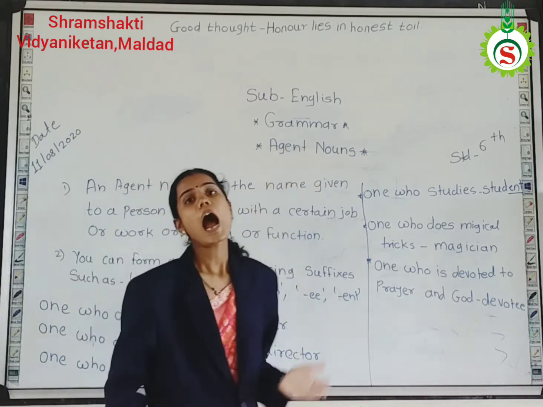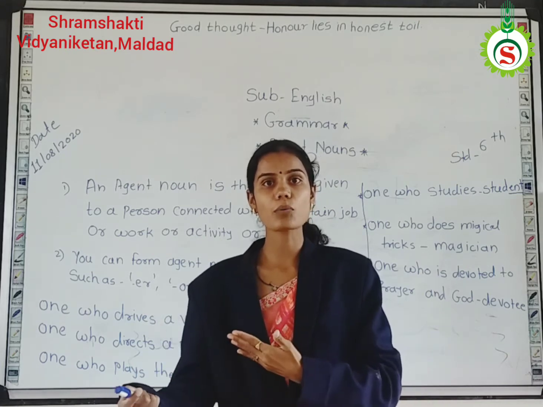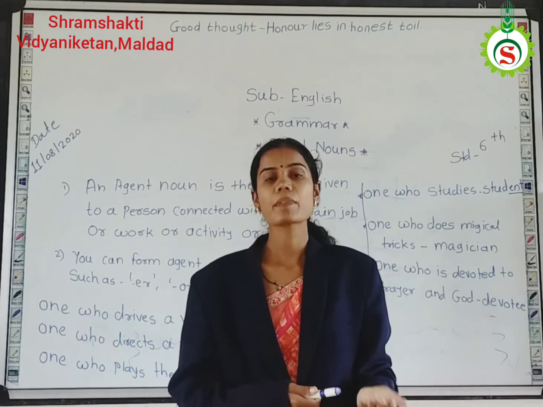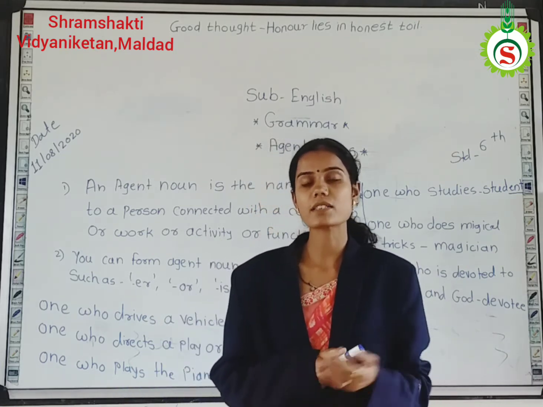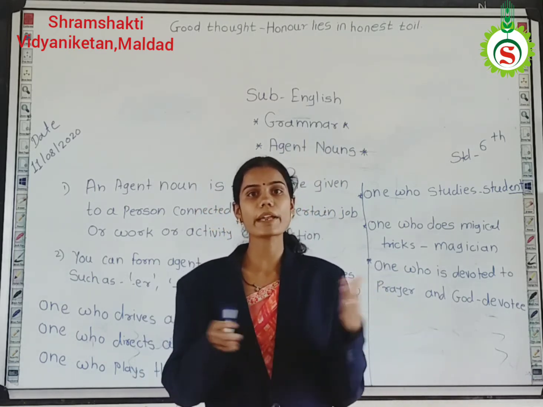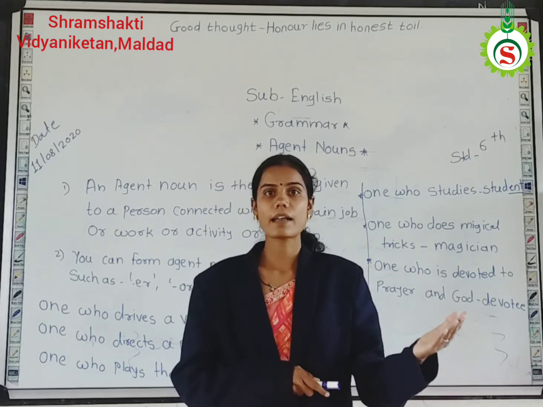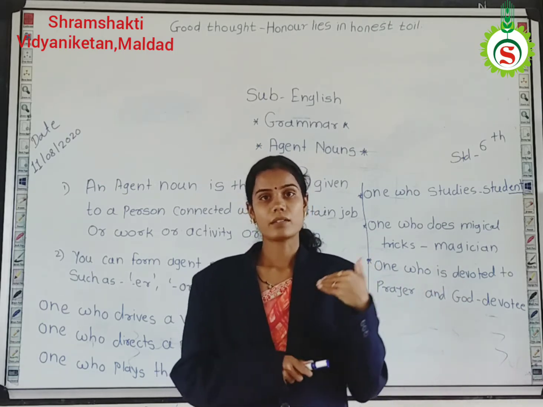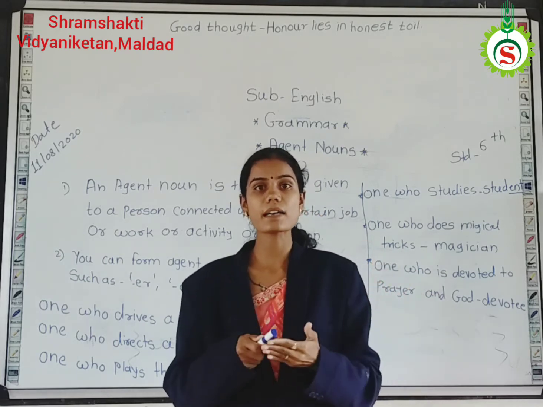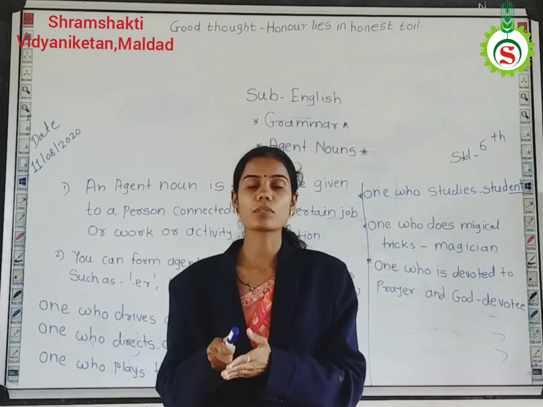So students, how do we come to know whether a noun is an agent noun or a proper noun? How do we identify it? For example, suppose one person's name is Ram. We know that the person is Ram, which means his name is a noun.